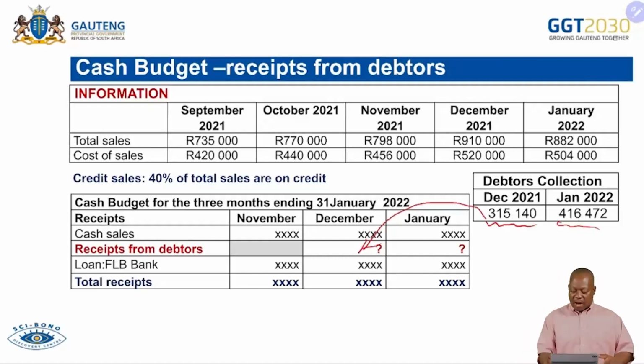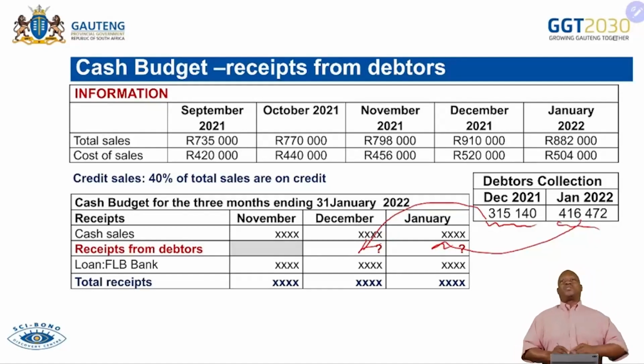And then the January amount replaces this question mark, which is also given in red. So in other words, after completing our debtors' collection schedule, let's remember this information is a building block for the completion of our cash budget. So from the debtors' collection schedule, we take it into the cash budget.